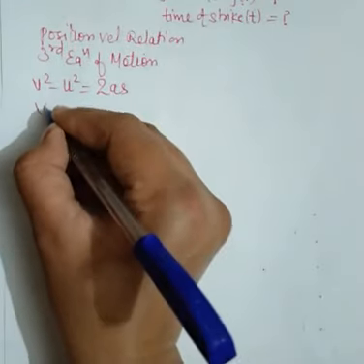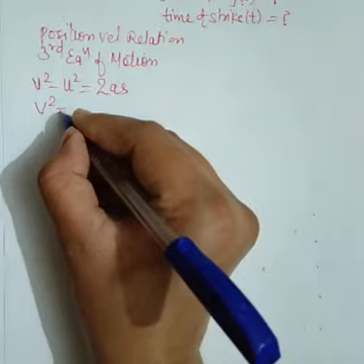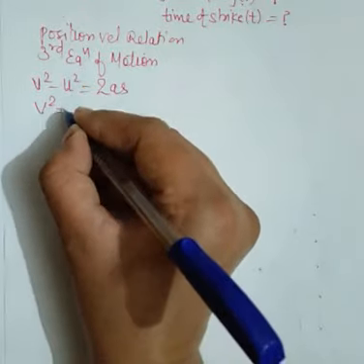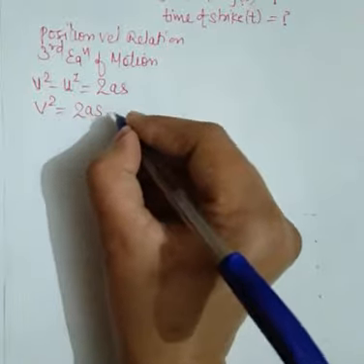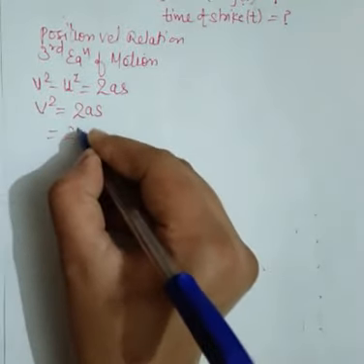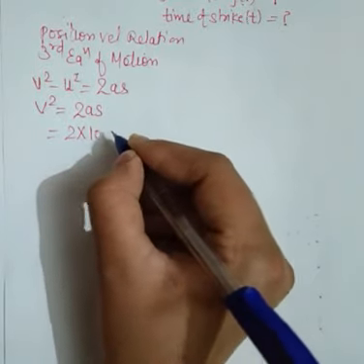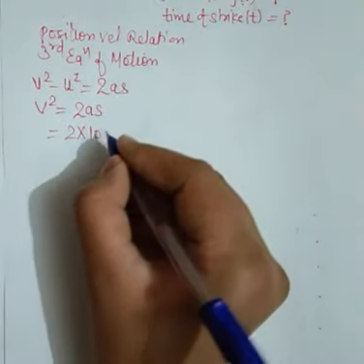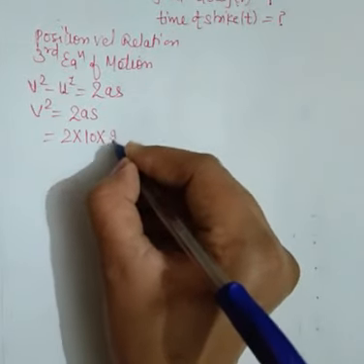V is to be found out. So keeping V on the left hand side, U square is 0, and 0 square is 0 again. So 2AS only. Now what is A? A is 10. And what is S? S is the height, given to be 20 meters.